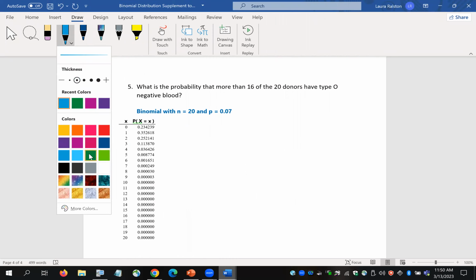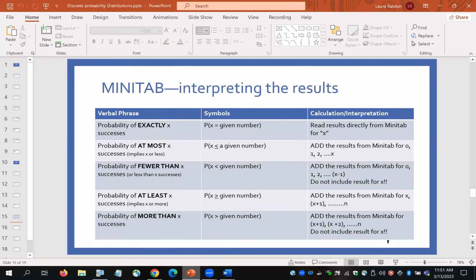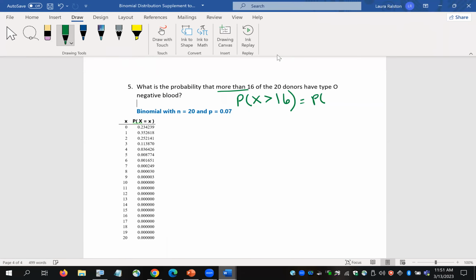More than does not include the X. So this would be the probability of 17 plus 18 plus 19 plus 20. And if you look at those numbers, it's 0.